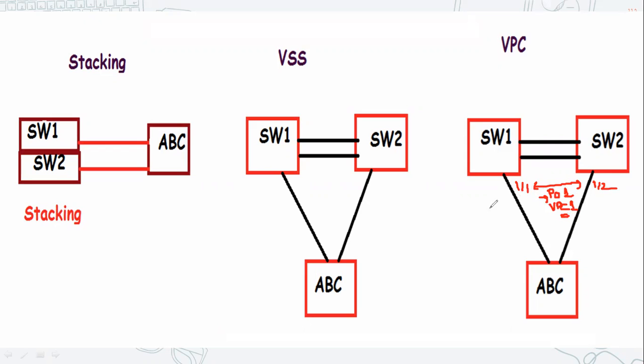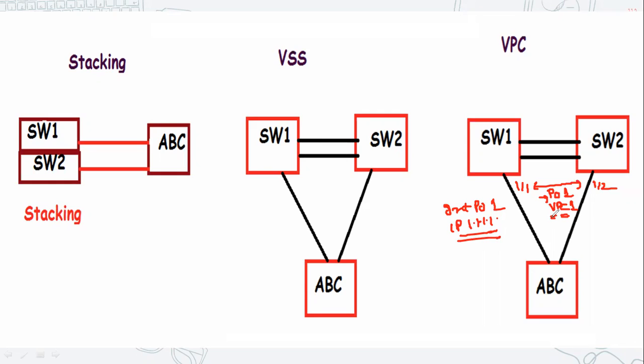So you cannot do it like this: use interface port channel 1 and give some IP address to it, let's say 1.1.1.1. You cannot form a layer 3 port channel and use it with a VPC, because VPC is a layer 2 technology.